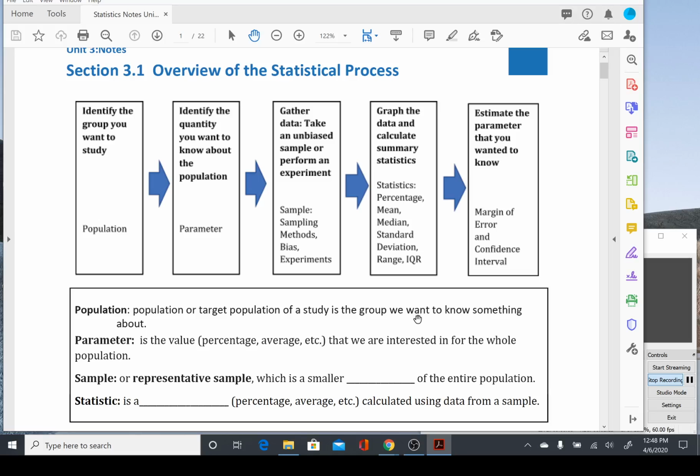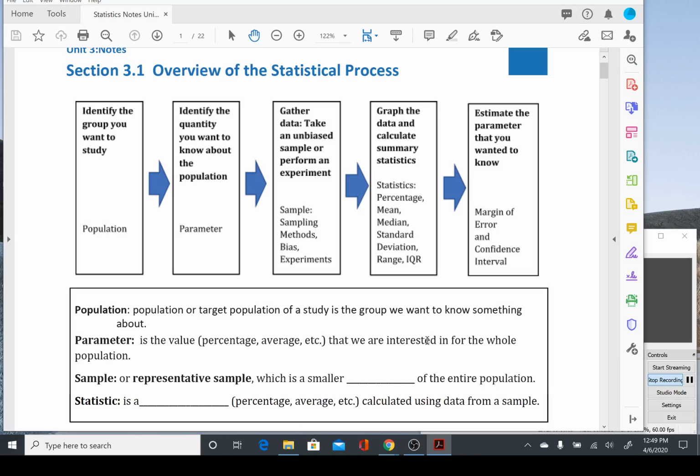So the population is the target of the study. It's the group that we want to know something about. The parameter is a value, a percentage, an average, some number that you can measure in some way. It's the thing that you're interested in knowing about that whole population.